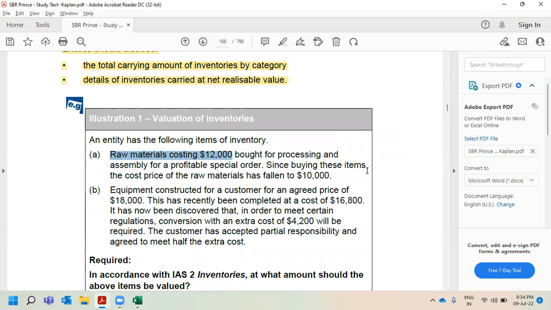Since buying this item, the cost price of the raw material has fallen to 10,000. Say we have bought 12 dozen mangoes at the cost of 12,000.